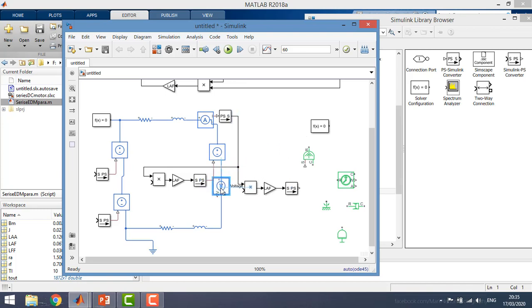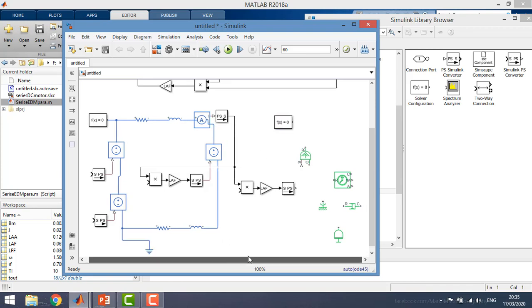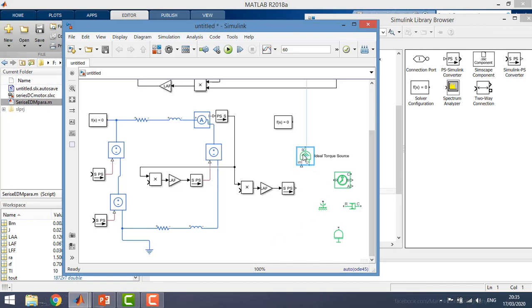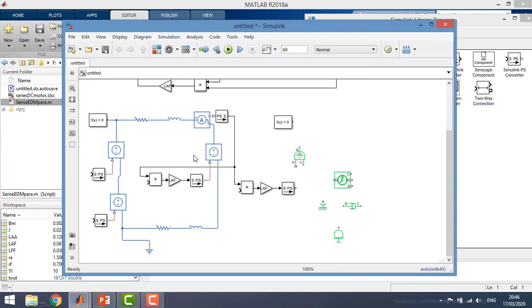Probably wouldn't need that. Okay, I guess this is the electrical side of the machine. Now let's try to build the mechanical side. We have the inertia.